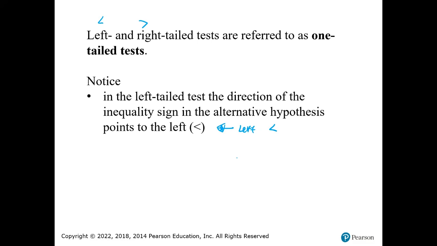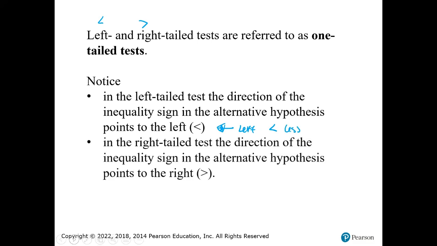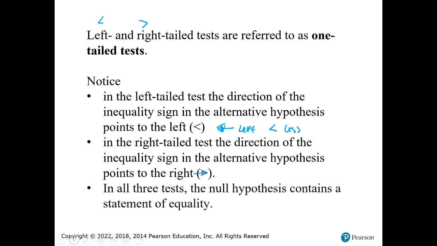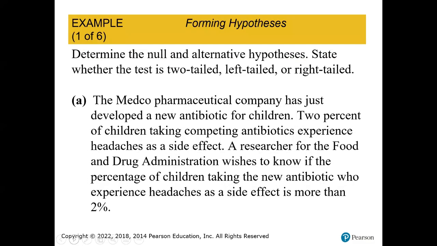They all go together. Which means then the right is going to be greater than, right? If you turn it into an arrow, looks like it's pointing to the right. Okay, in all three tests, the null hypothesis contains the statement of equality. So again, just reiterating that the null is always an equals to statement.